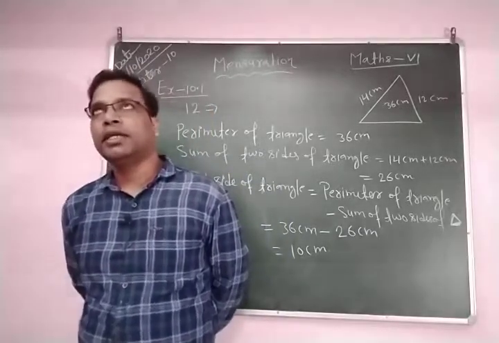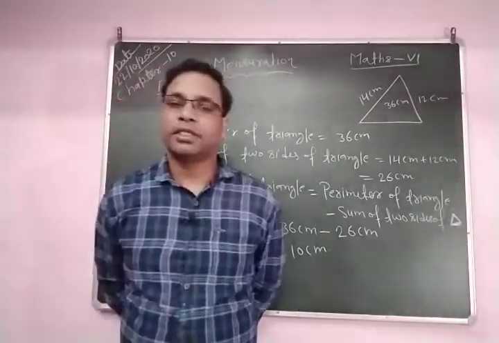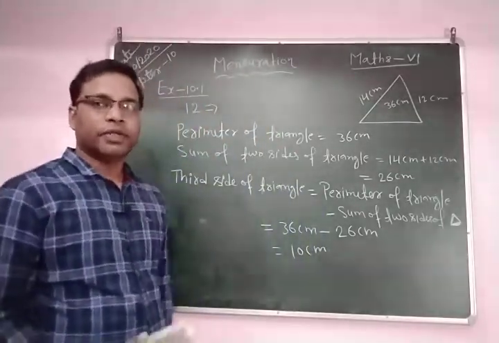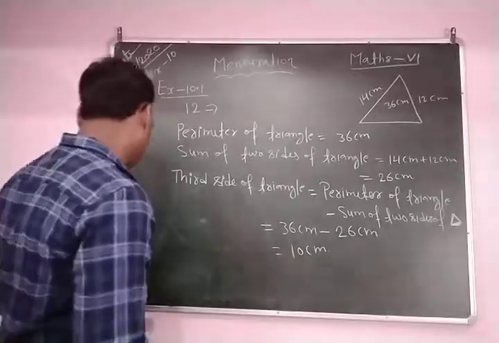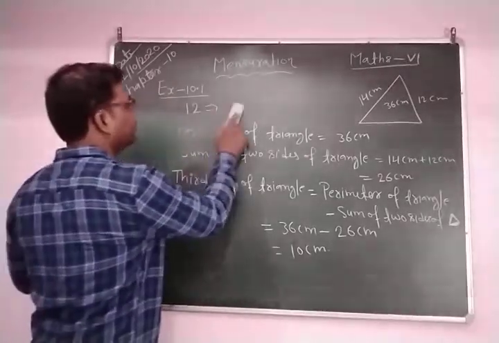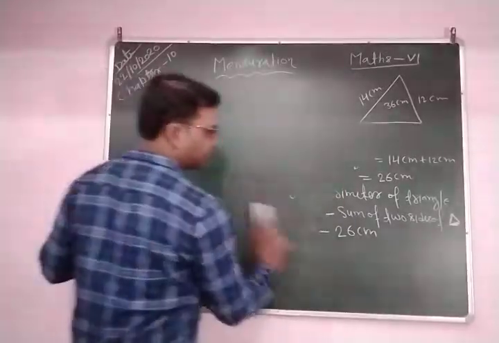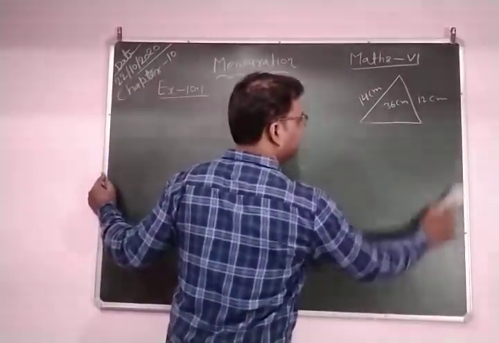When you multiply it by the perimeter, you obtain the cost of fencing. So let's see how to find the cost of fence of the square box.